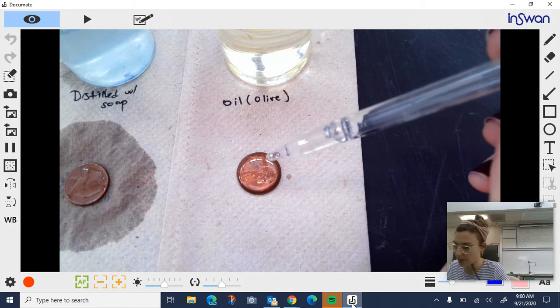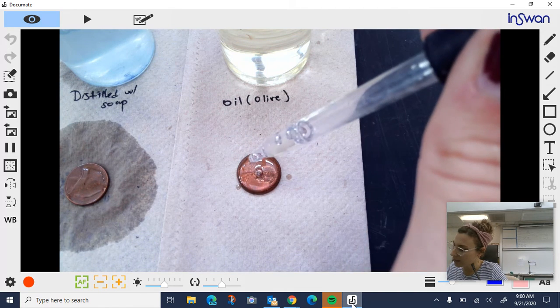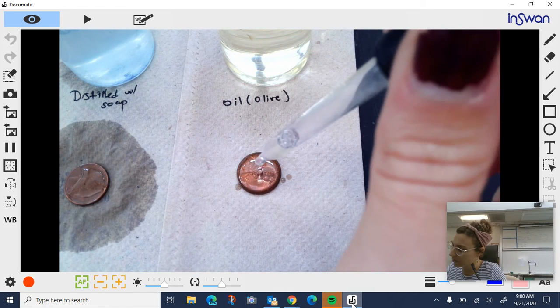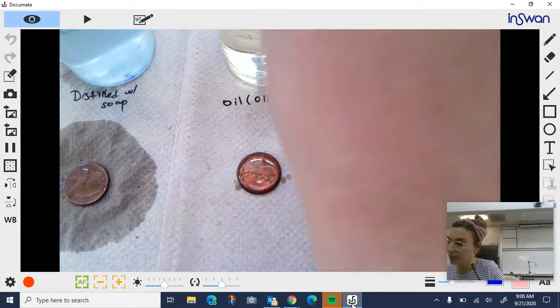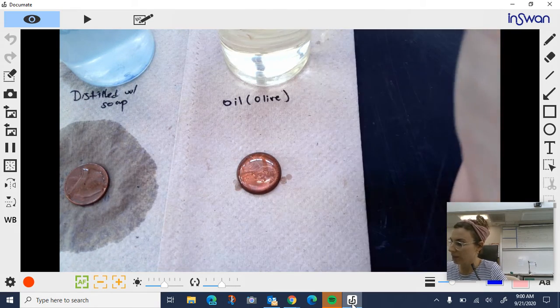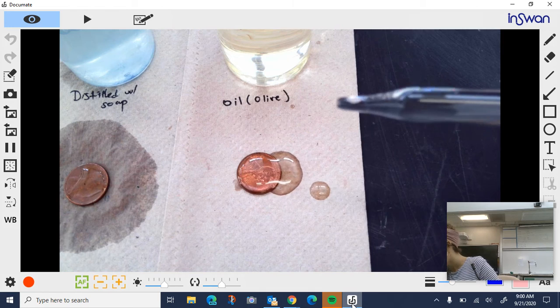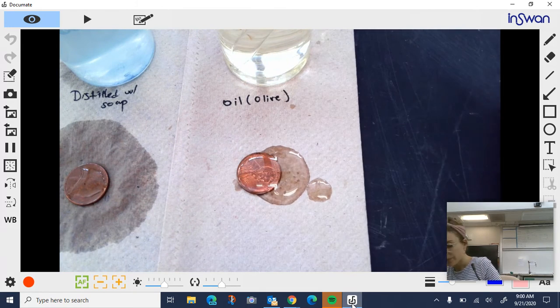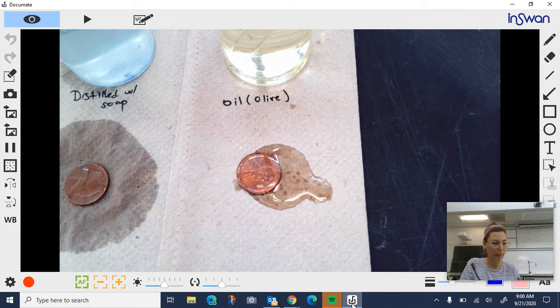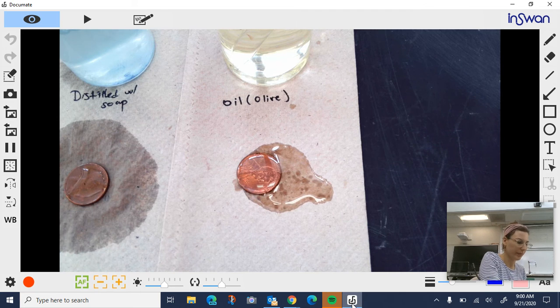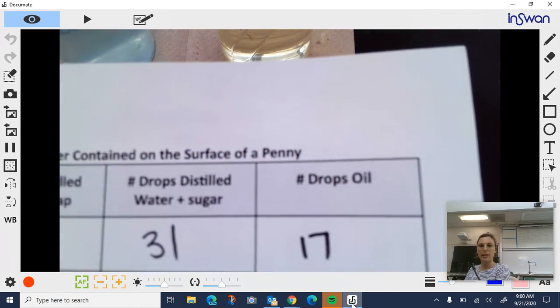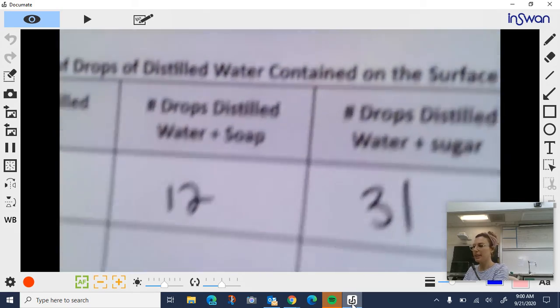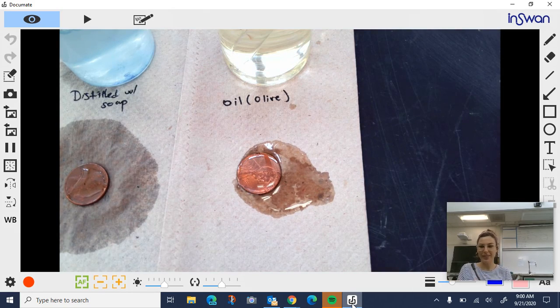Those came out together quick. 15, 16, 17. What you just saw was a bubble. Wait. So is that 17? All right. So I will complete the data table and I will share the rest of the data with you.